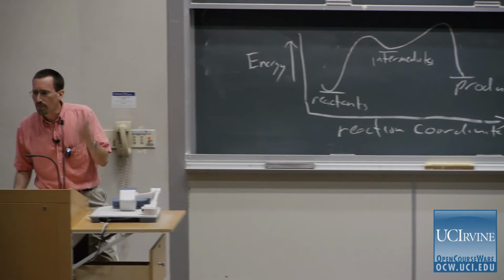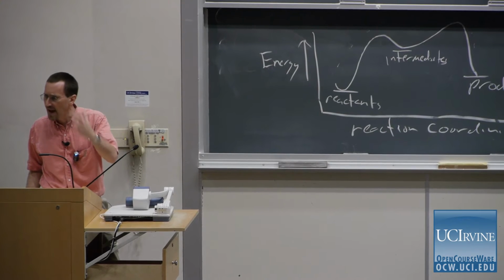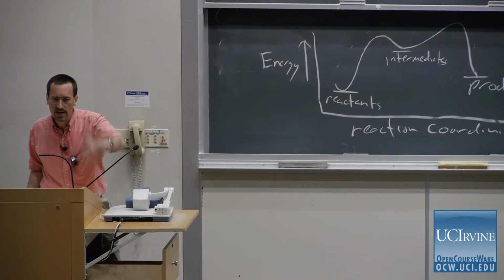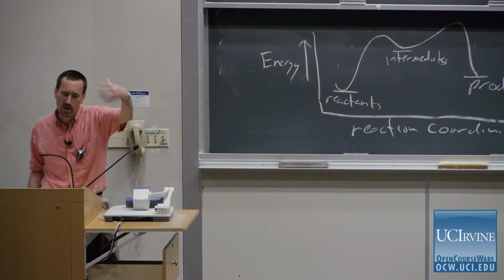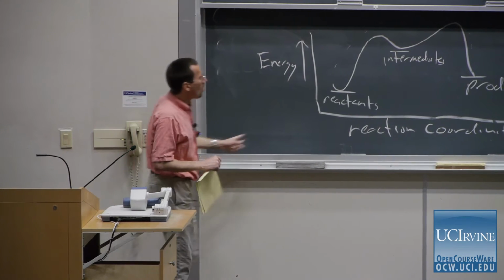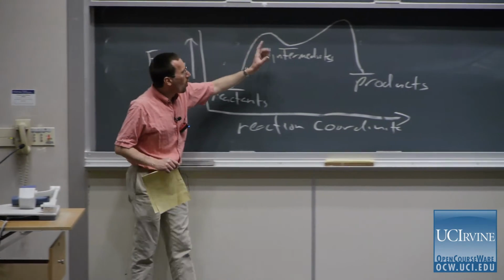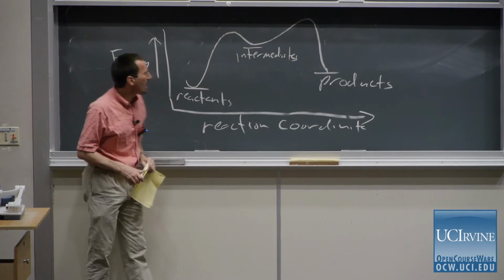And the basic premise for a reaction is that as we proceed from reactants to intermediates to products, over our first transition state, over our second transition state, if we have multiple transition states, we go on over a series of energy barriers, and we're going to take the lowest energy path.